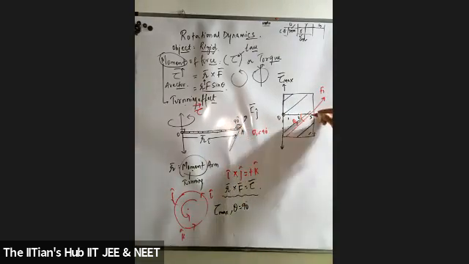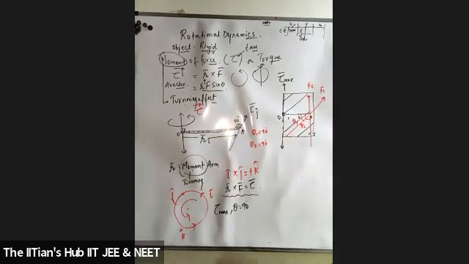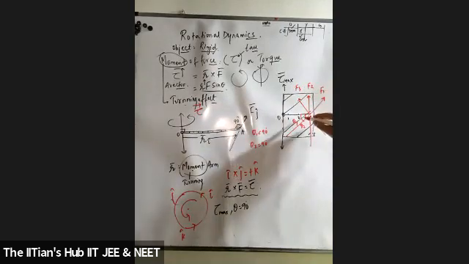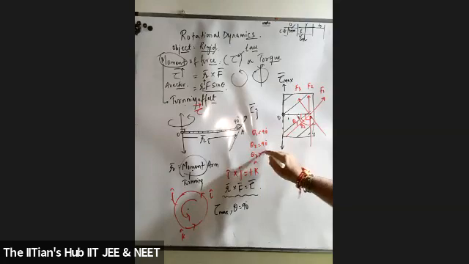The second person is applying force in this direction, theta 2, and theta 2 is equal to 90. Students, the third person is trying to apply force in this direction. Look at the angle, theta 3 greater than 90.